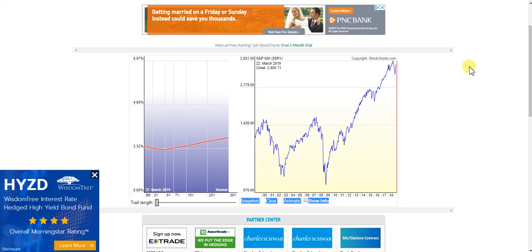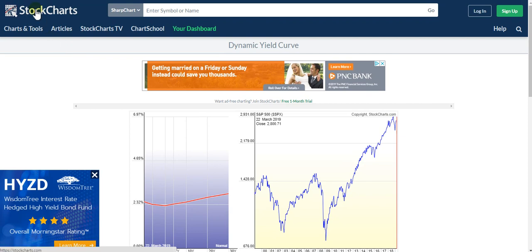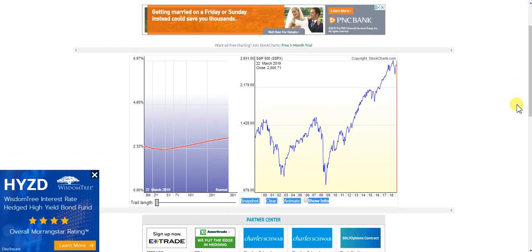Now, I did want to show you this chart real quick. This is from Stock Charts. It's their yield curve chart. The blue line is the S&P 500, and you can animate this chart, or you can simply click and grab this red line and move it to see other times of how the yield curve moved in relation to the S&P 500.